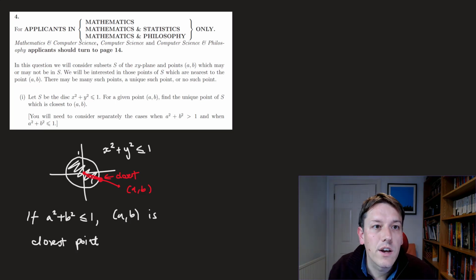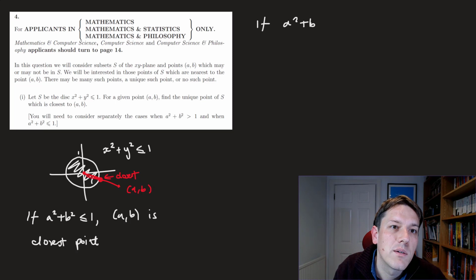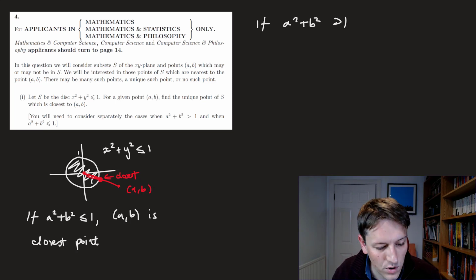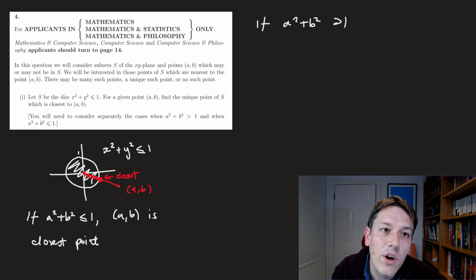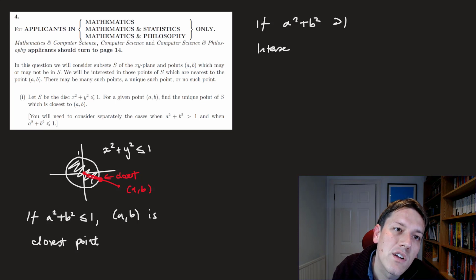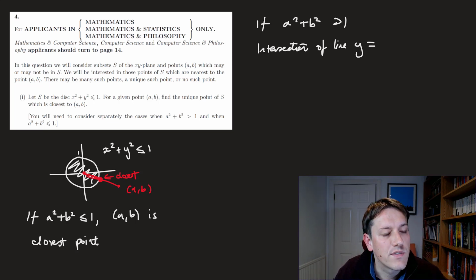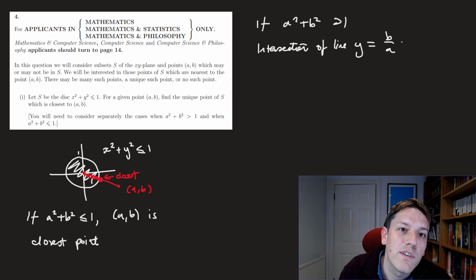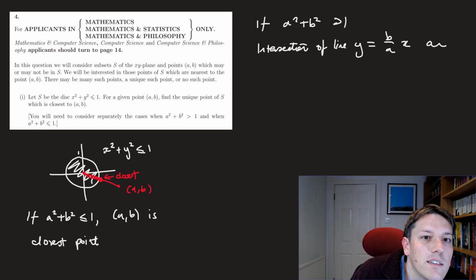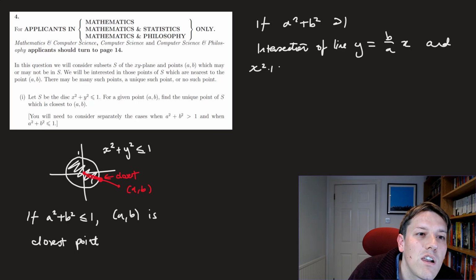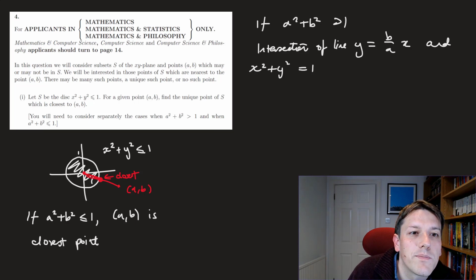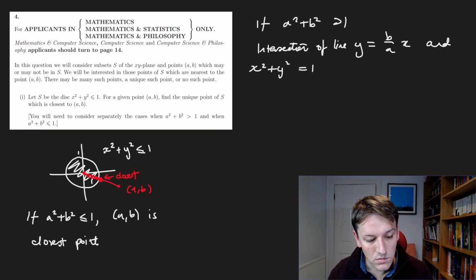If a squared plus b squared is greater than 1, then we want the intersection of the line y equals, and the gradient of this line is just going to be b over a, so y equals (b over a) x, and the circle x squared plus y squared equals 1.